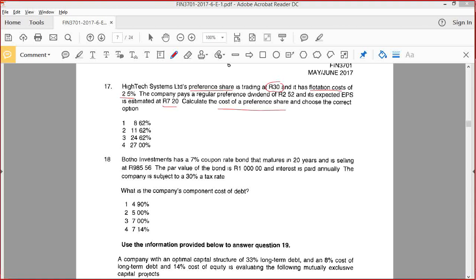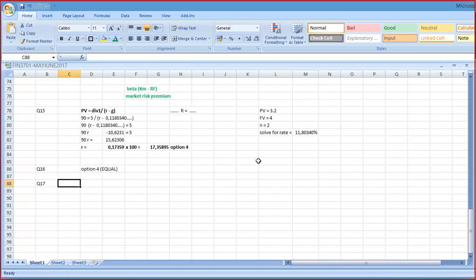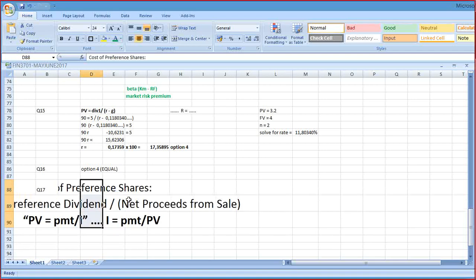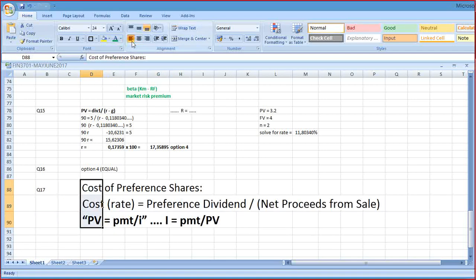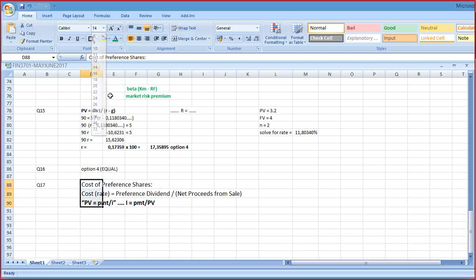I want pref shares. Okay, in the notes, you have a formula for the preference shares. Where's the one with the net proceeds? Here it is. Cost of pref shares.